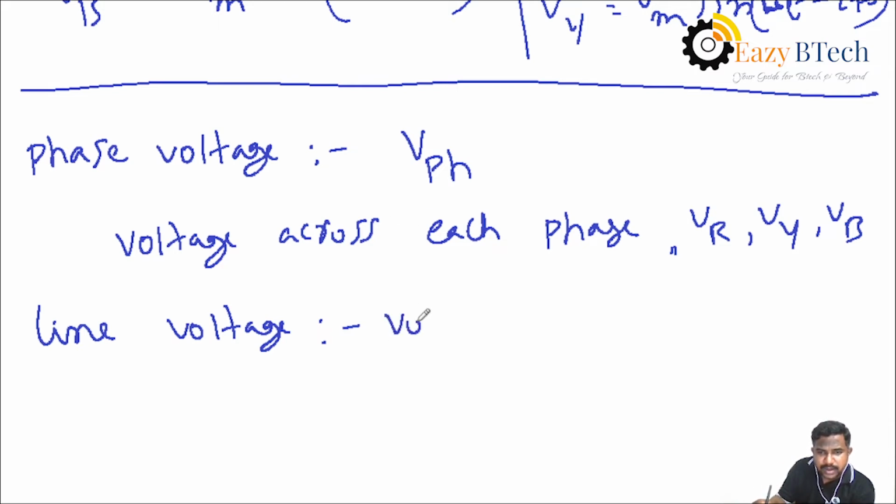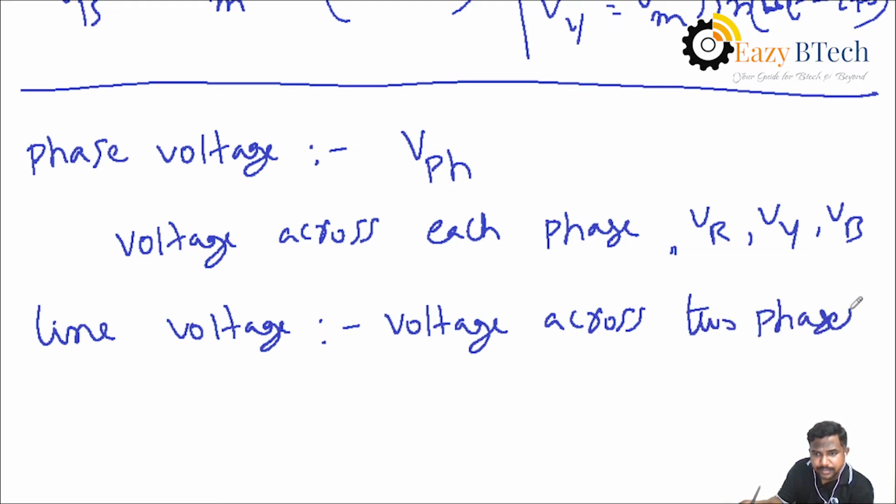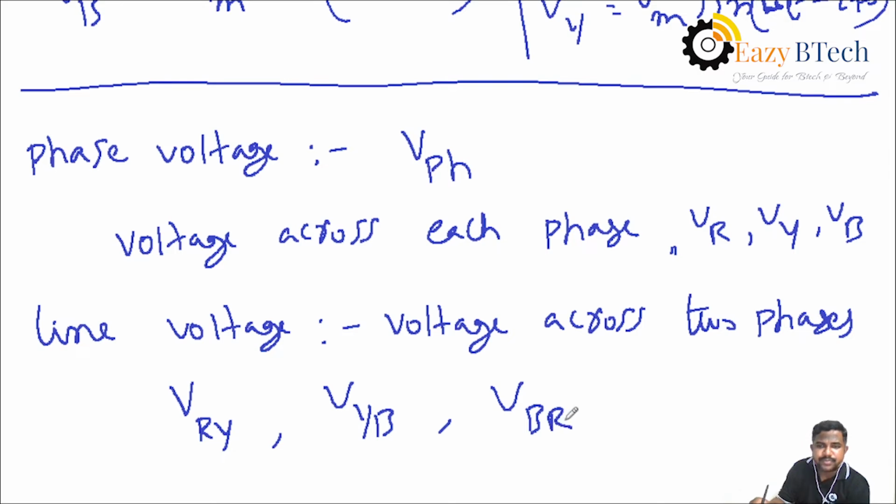Then line is nothing but across two phases. That means line voltage is VRY or VYB or VBR. So these are called the line voltages. Line means between two phases. If we consider only a single phase, that is called the phase voltage.